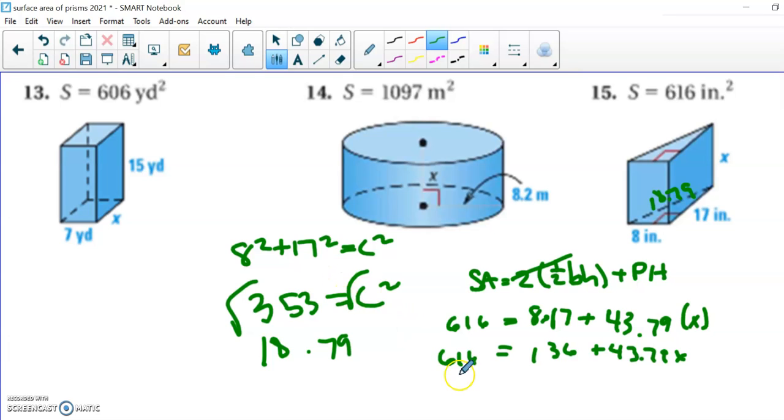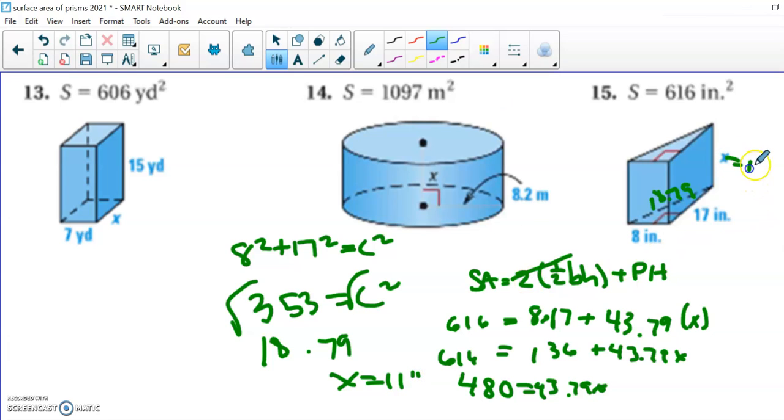Gives me 480 equals 43.79x. Now I'm going to divide each side by 43.79. And I get 11. It looks like our missing height is going to be 11 inches.